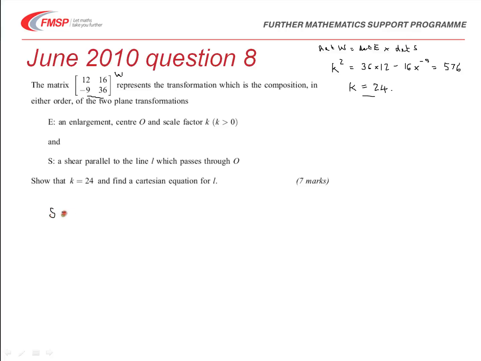Well, if we know that k is 24, we know that the enlargement matrix is going to be 24 times 1, 0, 0, 1, and we know that S times E must equal W, so S must equal 1/24 of W.